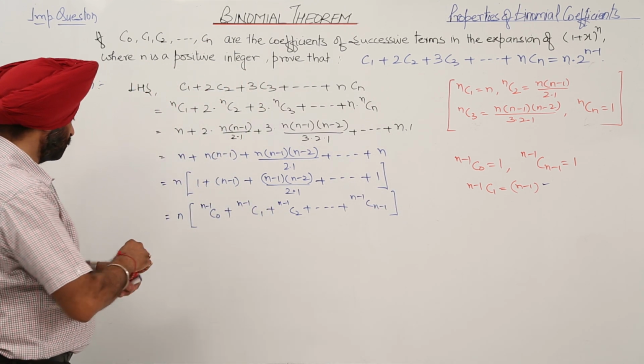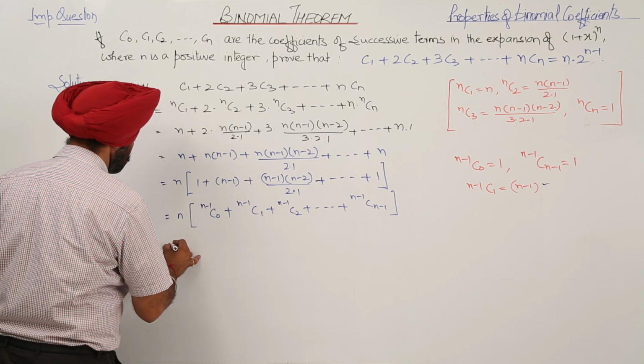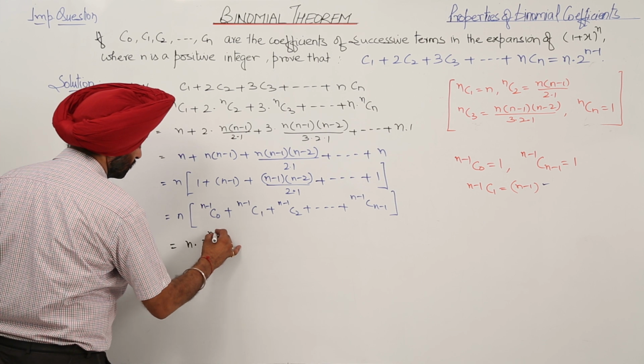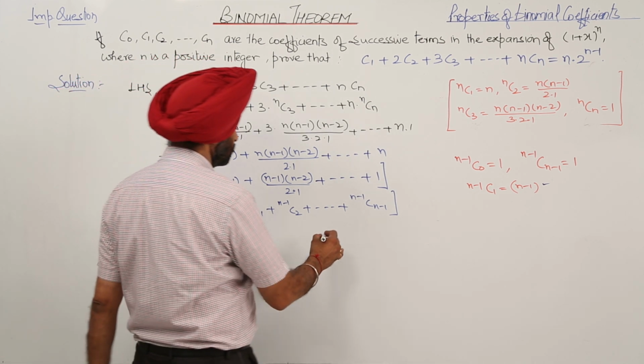Okay. Now, this becomes n times (n minus 1 C0 + n minus 1 C1 + ... ).